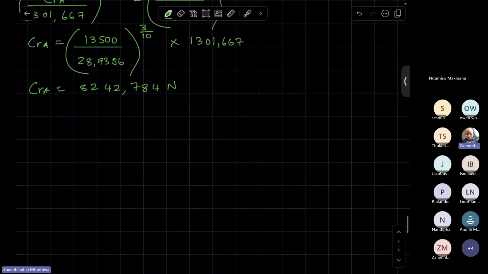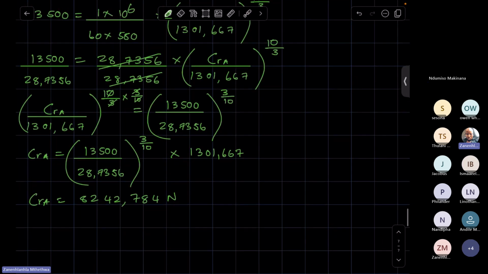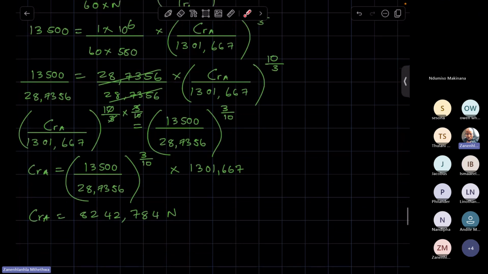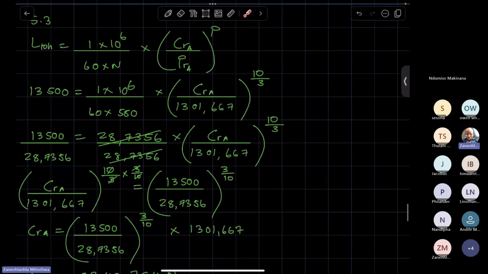So now we calculate CR for bearing B. So again, you can be smart about this one as well, because as you know, we are going to use the same formula. There's no reason for us to jump through all these hoops.